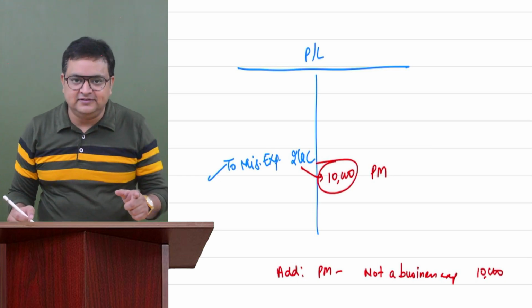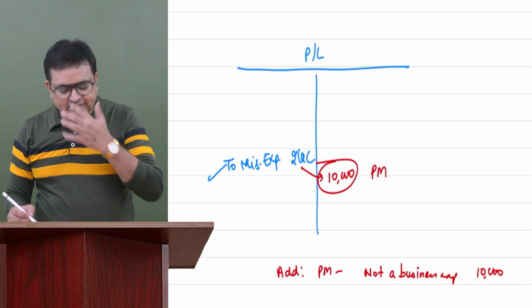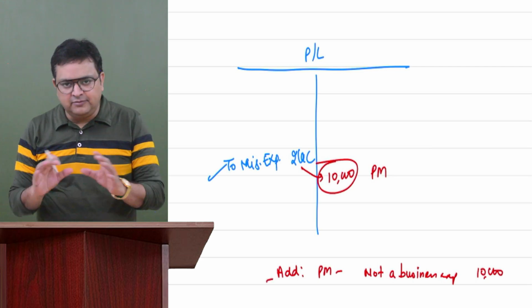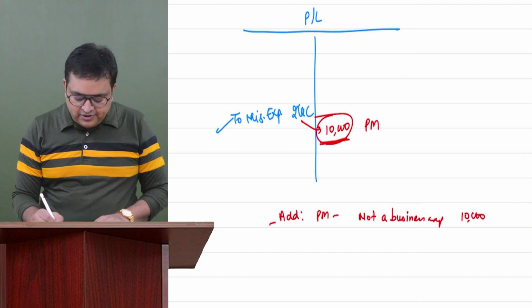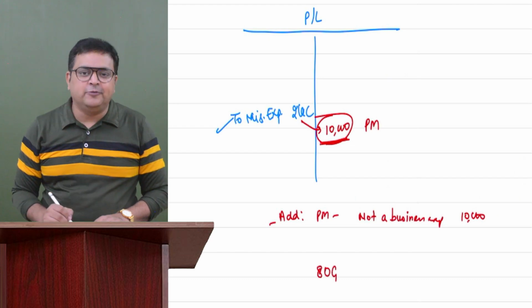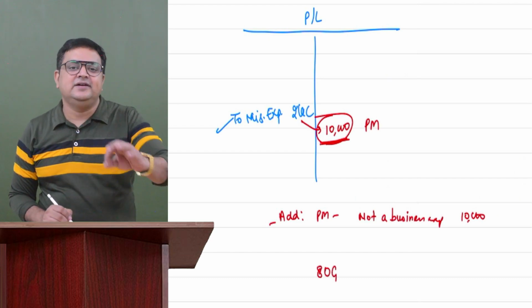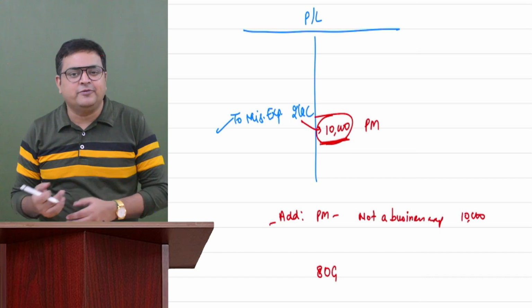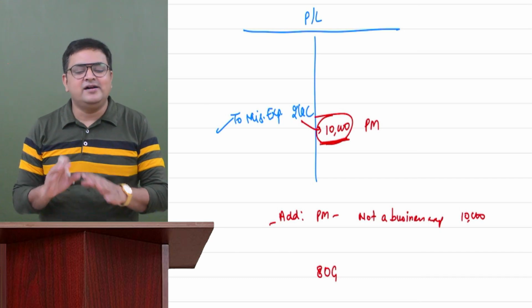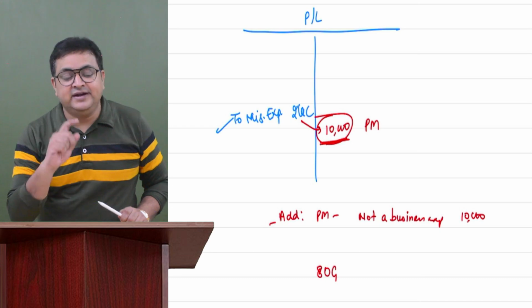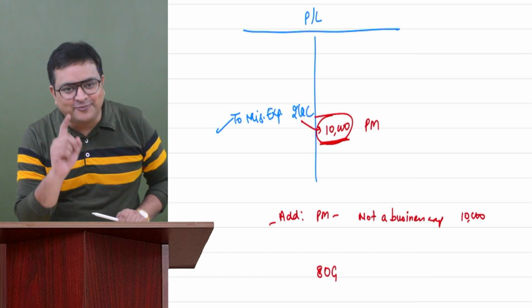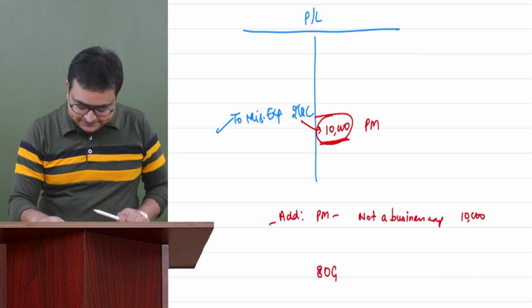But in the optional tax regime, first of all, you have to disallow it. This is common under both regimes, because this is not a business expense. But later on, if the assessee is following the optional tax regime, please give 80G deduction also. For Prime Minister National Relief Fund, we have 100% of the amount contributed. So 10,000 rupees would be allowed under section 80G only in case of the optional tax regime, right?